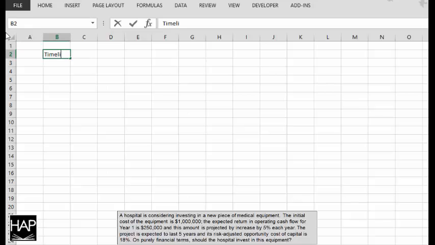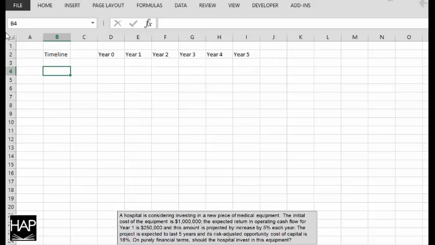So we'll have year 0 here, year 1, year 2, year 3, year 4, and we're told that the project is a 5-year project, so I'm only going to put the timeline up to year 5.